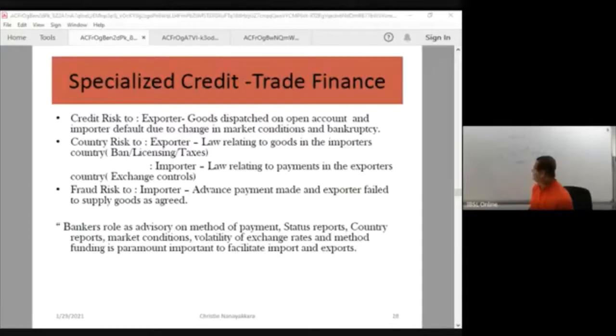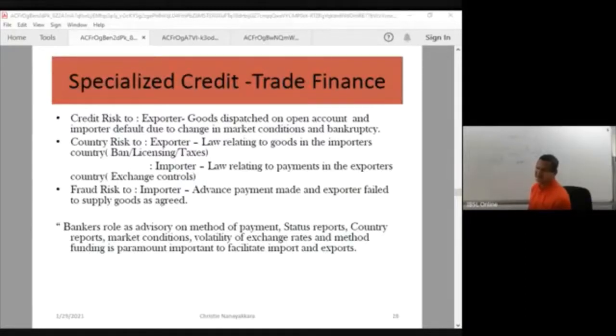But if he doesn't have money, he also can ask for a facility. That facility is a loan, we call it a revolving import loan. Once you have already established the LC, within that value he can ask for a revolving import loan.